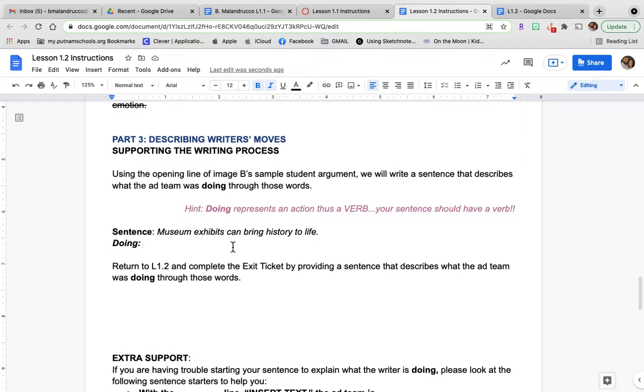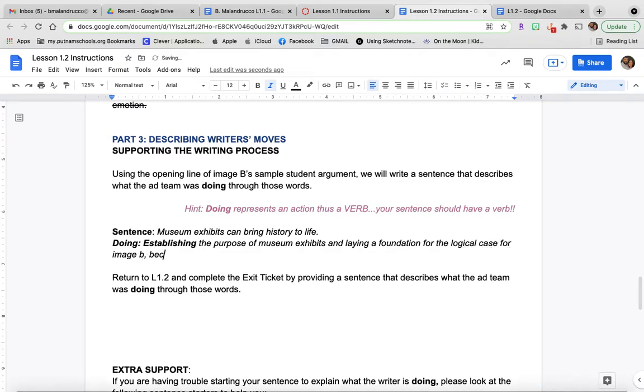Basically, what this particular sentence is doing is it's establishing, there's my verb, the purpose of museum exhibits and laying a foundation for the logical case for Image B because it presents Lincoln as seemingly brought back to life.